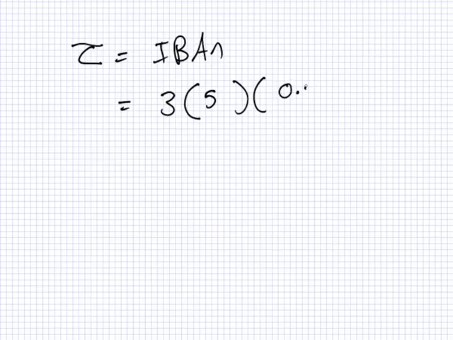It's a square, isn't it? So 0.20 squared times 1000. So let's see what we get. 600 newton meters.